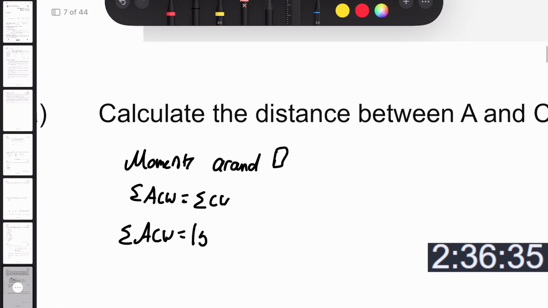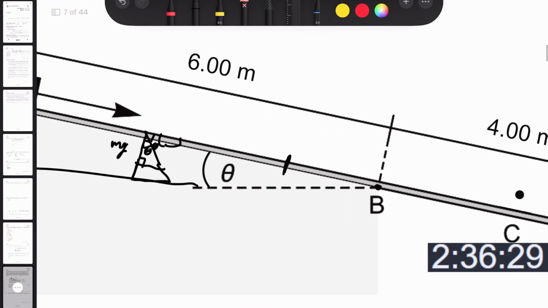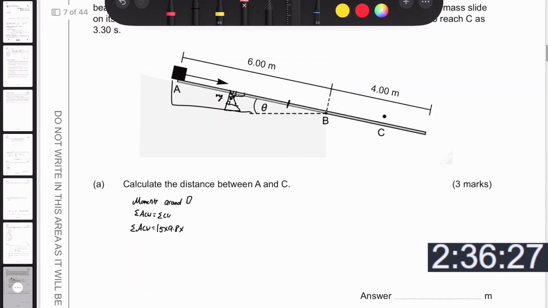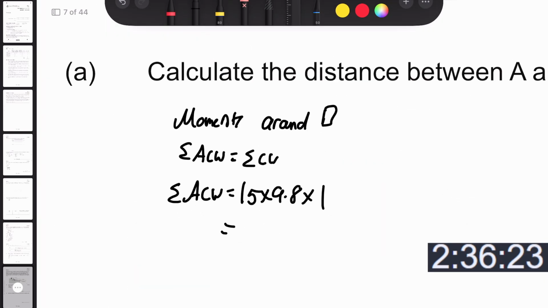So 15 times 9.8 times, and it's going to be a meter away because it needs to be 5 meters on the inside. So this is 147 newton meters.